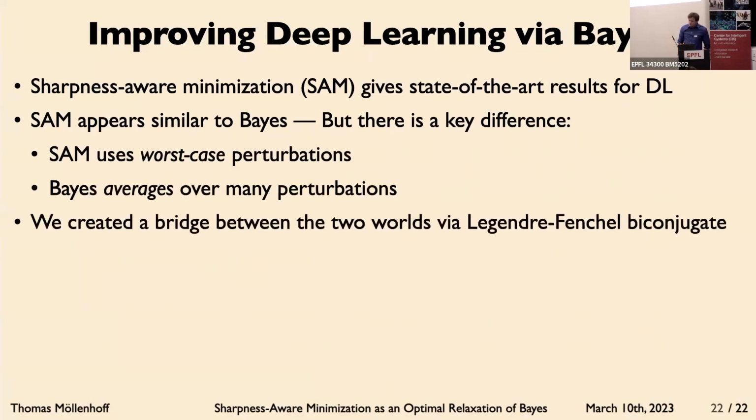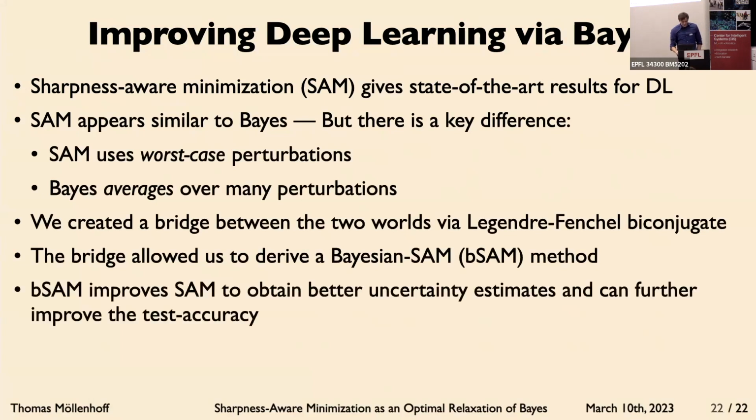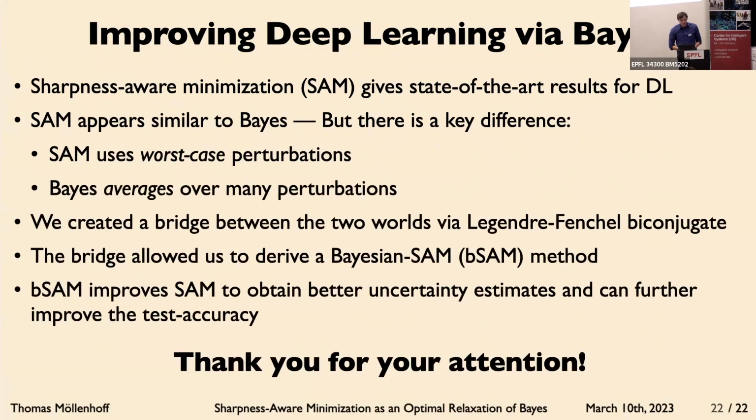And we created a bridge between these two worlds using this Fenchel duality. And this bridge allowed us also to not only connect these methods and understand SAM better, but also to derive a new Bayesian SAM method. And this Bayesian SAM method improves SAM to obtain better uncertainty estimates. And sometimes it can also improve the test accuracy. So that's everything. Thanks a lot.